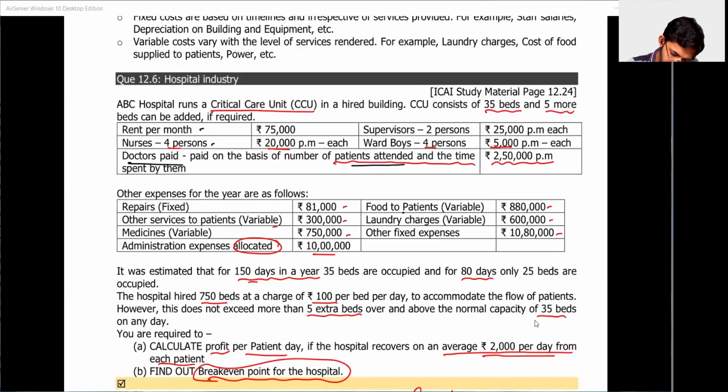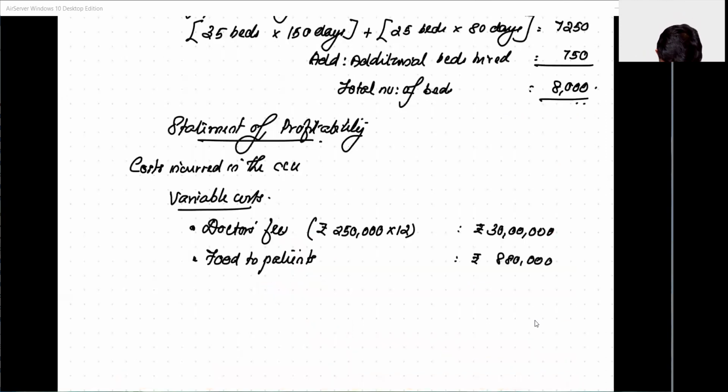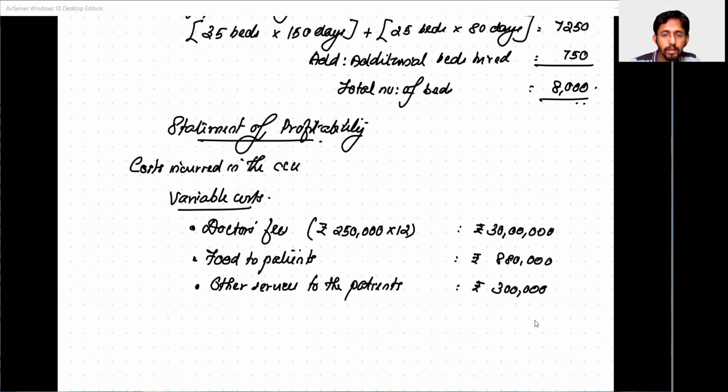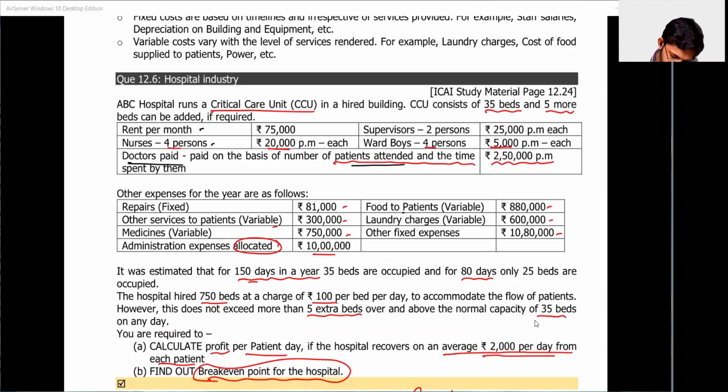Next, other services to the patients, 3 lakh. Then next is laundry charges, 6 lakh.